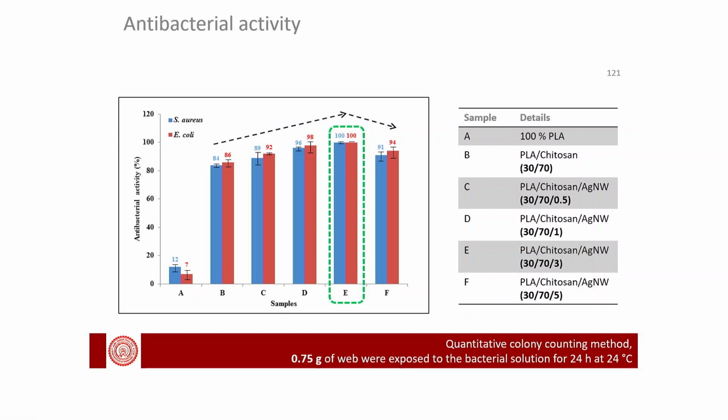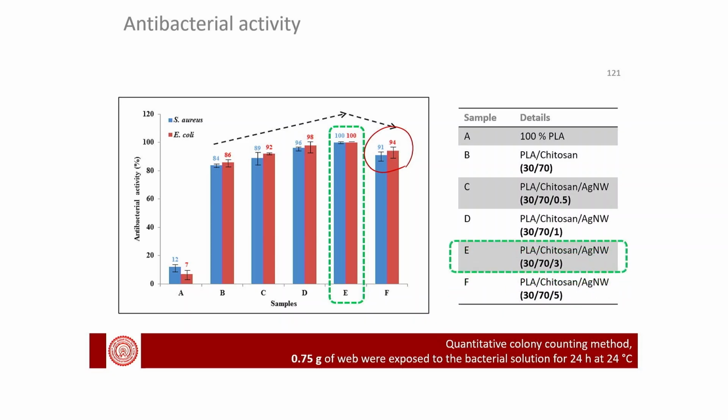as we have already discussed, there will be agglomeration. Due to this agglomeration, the silver content dropped drastically, and that results in a further drop in antibacterial activity. So, that is basically the reason for this trend.